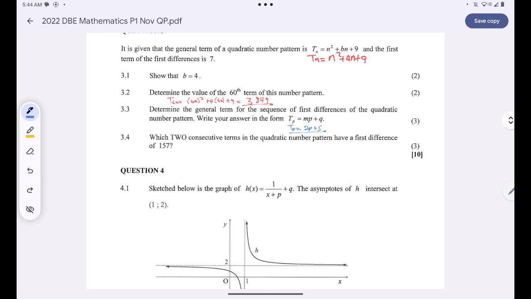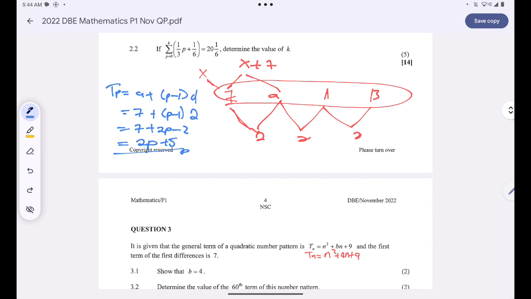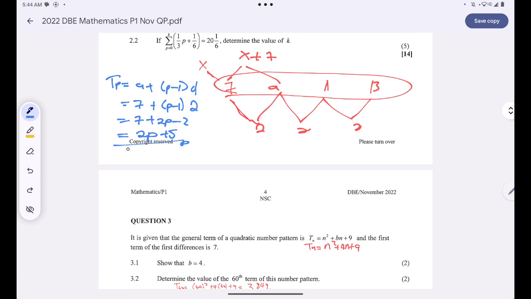Okay. Now we are being asked to find out which two consecutive terms in the quadratic number pattern have a first difference of 157. Okay, let's go and find p when the term is 157, because I already know the general term of the numbers in the first difference, right?